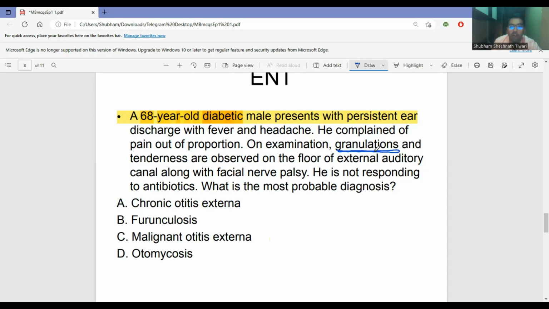See, this is very important. Granulations and tenderness are observed on the floor of external auditory canal, along with facial nerve palsy. He is not responding to antibiotics. What is the most probable diagnosis?